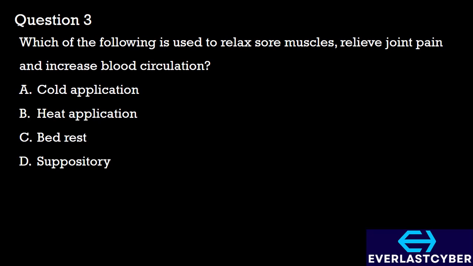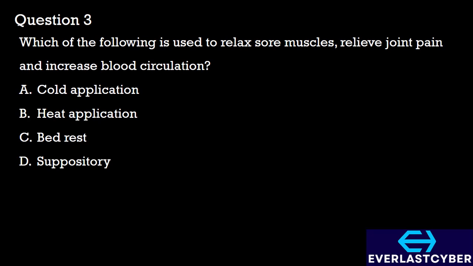Heat works by dilating blood vessels, which improves blood flow to the affected area. It also reduces stiffness and promotes healing. Examples of some ways to apply heat are through the use of heating pads, warm compresses, or warm baths.